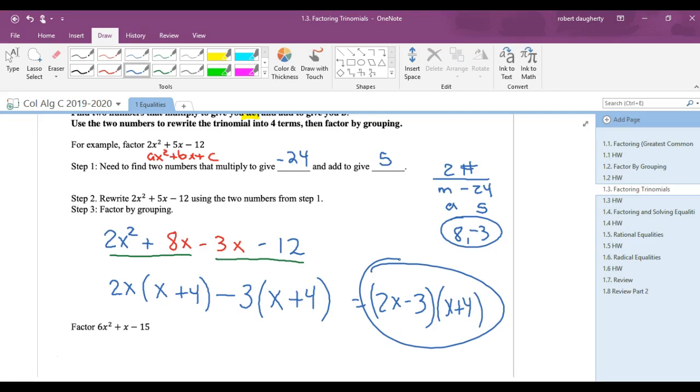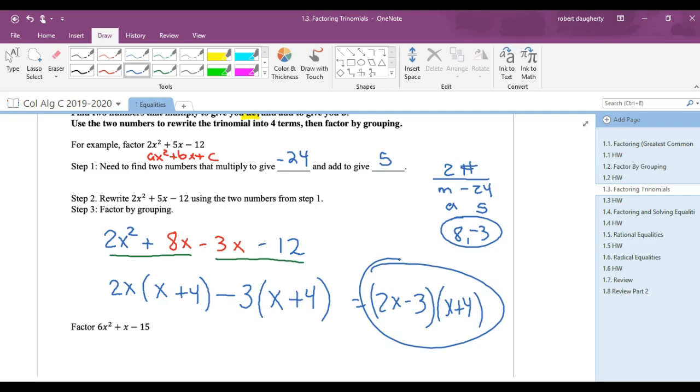Once you find those numbers, your answer is not x plus 8, x minus 3. If you take x plus 8, x minus 3, you will not get 2x squared plus 5x minus 12. So when the number in front is not a 1, you have to take these two numbers, rewrite the equation into 4 terms so you can factor by grouping, and then you go to your answer.